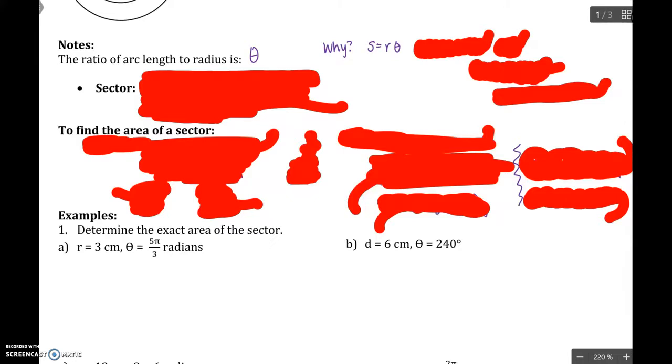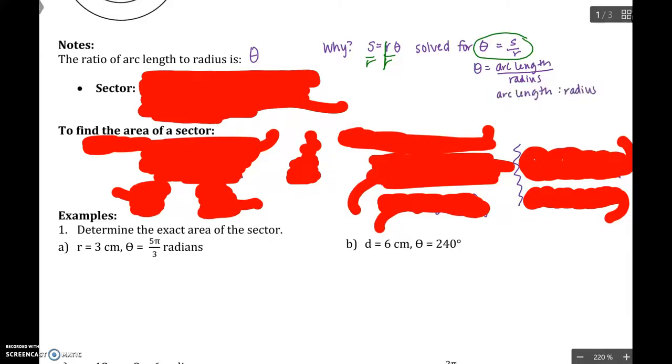If you were to divide by r on both sides here, then you would get the equation solved for theta to be that theta is equal to the arc length divided by the radius. S for arc length, r for radius. That can also be written as a ratio. So theta, the central angle, is equal to the length of the arc divided by the radius.